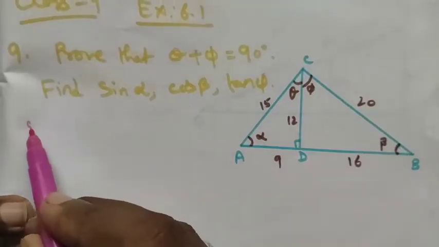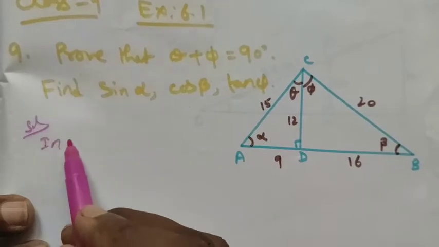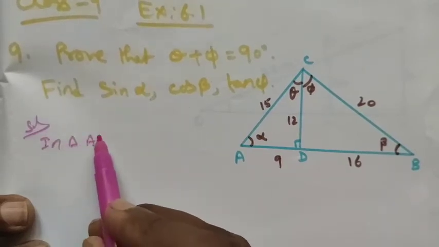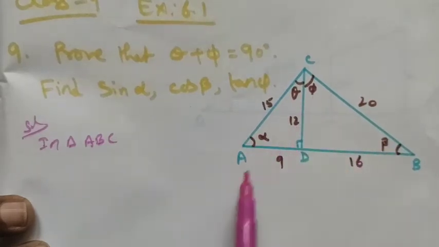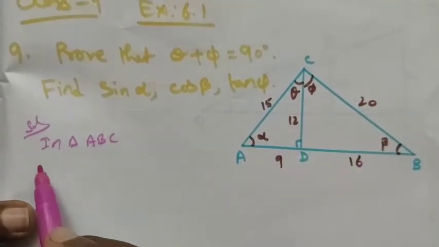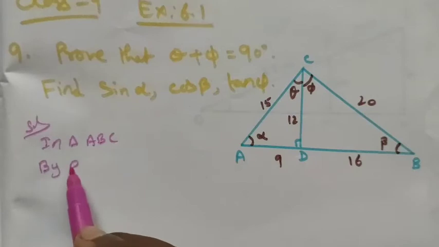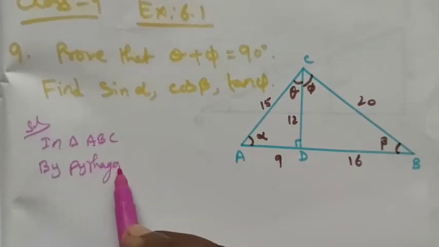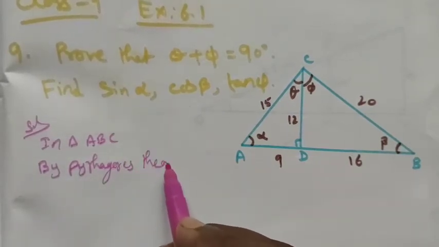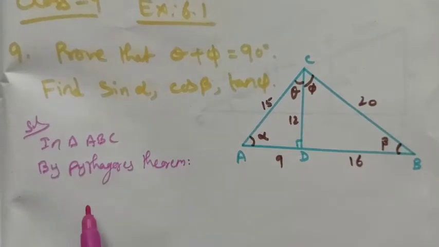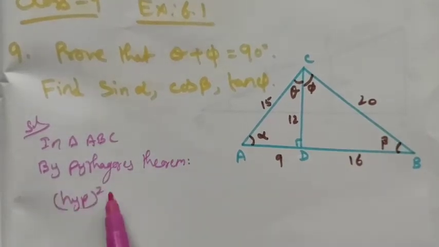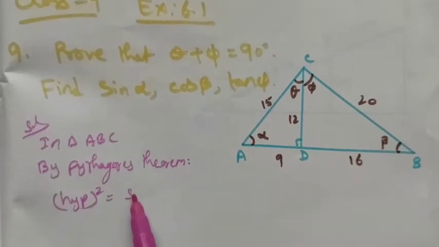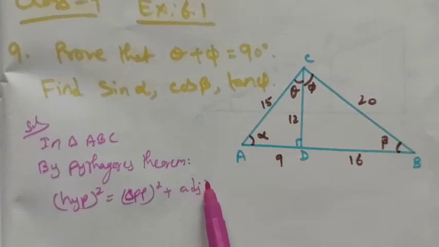Let me take triangle ABC, the whole triangle, the biggest triangle. In triangle ABC, by Pythagoras theorem, we know that the hypotenuse side square is equal to opposite side square plus adjacent side square.